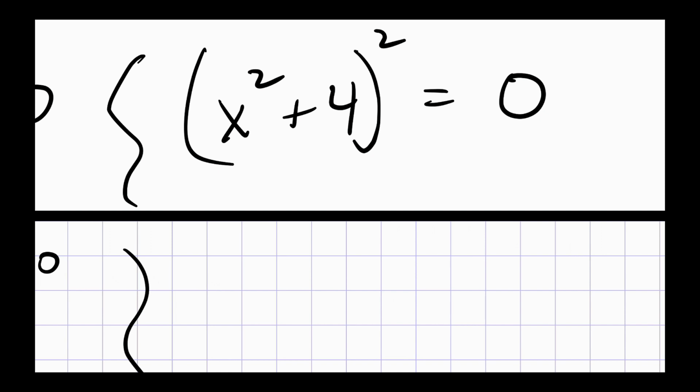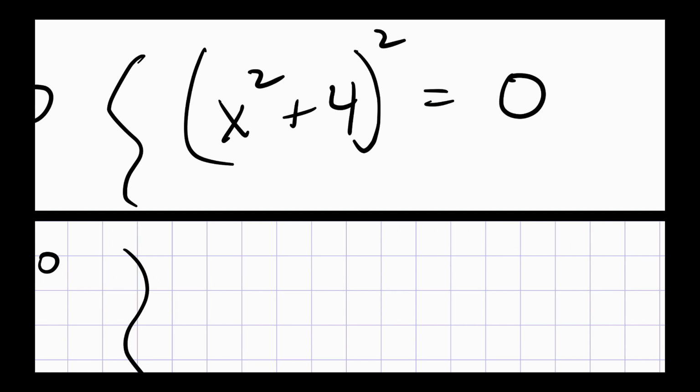Yes, square root both sides. Then, is that difference of squares if I square root it? No, because difference means subtraction, and this is plus. There's no such thing as addition of squares.